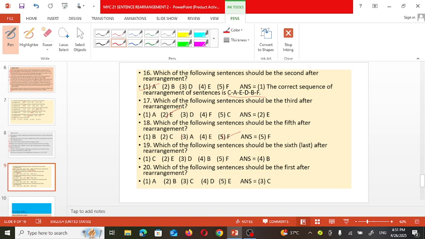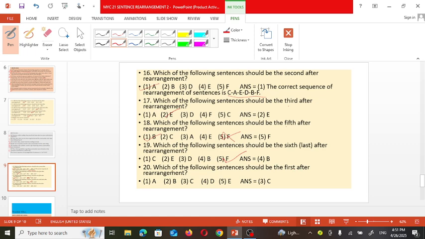For the sixth, meaning the last in this arrangement, it was F. So here F should be there, and fifth after rearranging was B. So B must be there, not this one.